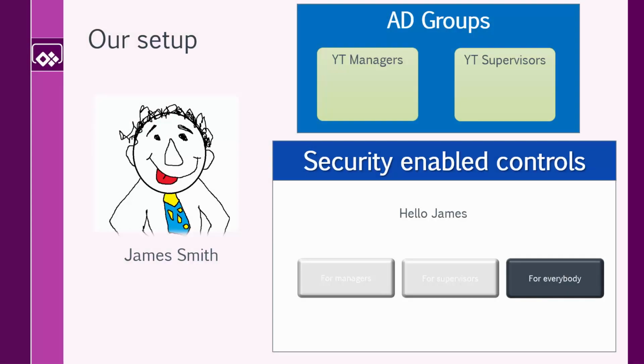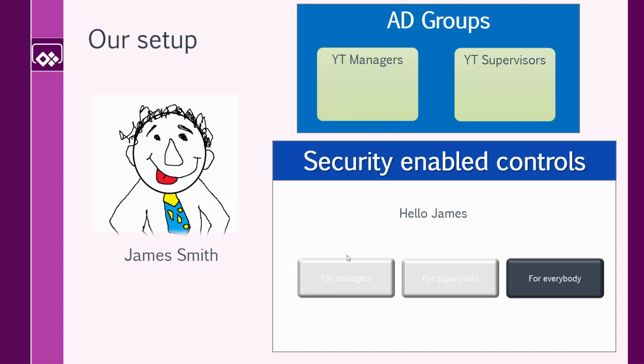Before doing anything, let's review our setup. I have an app like this with 3 buttons on it, and Mr. James Smith is a user with the Office 365 license in my environment. So this guy has a mailbox, has permission to run PowerApps, and I want to create 2 AD groups.